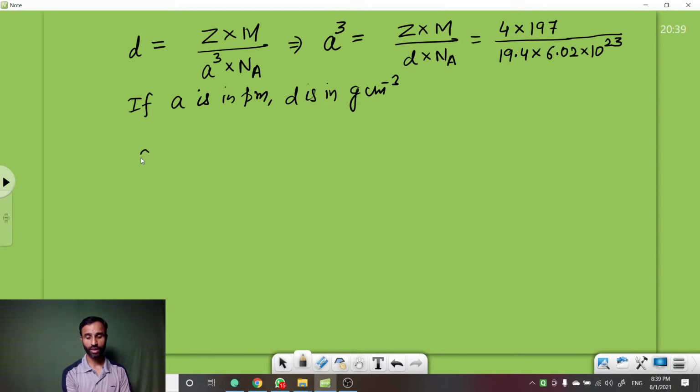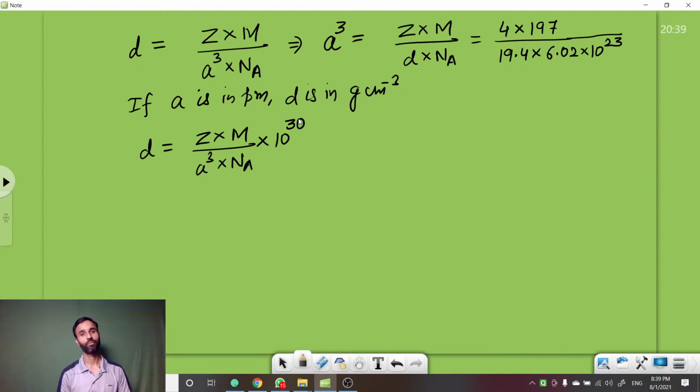So it can be written like this: Z × M over a^3 × N_A × 10^30. Otherwise a comes out in centimeter, but to calculate a in picometer we adjust for this.